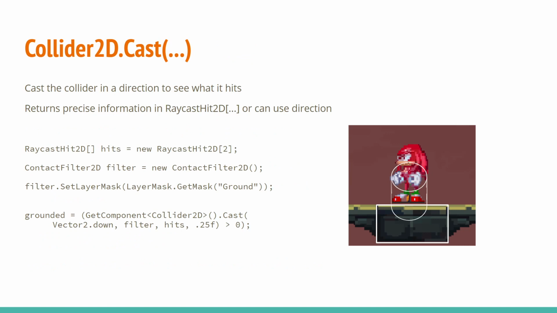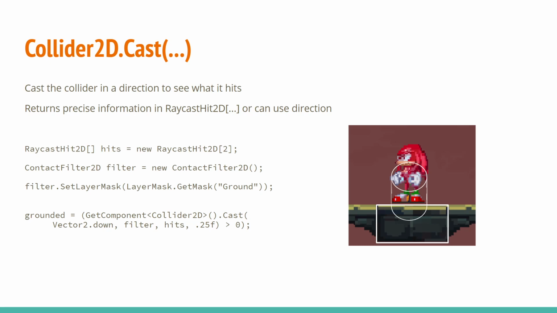Another possibility, a million of them, or at least I think I came up with like 6. Cast the collider in a direction to see what it hits, right? So if you know you're using a circle collider and that's really what your player's kind of used to dimension-wise and so on, you can use the character's collider and cast that in a certain direction.